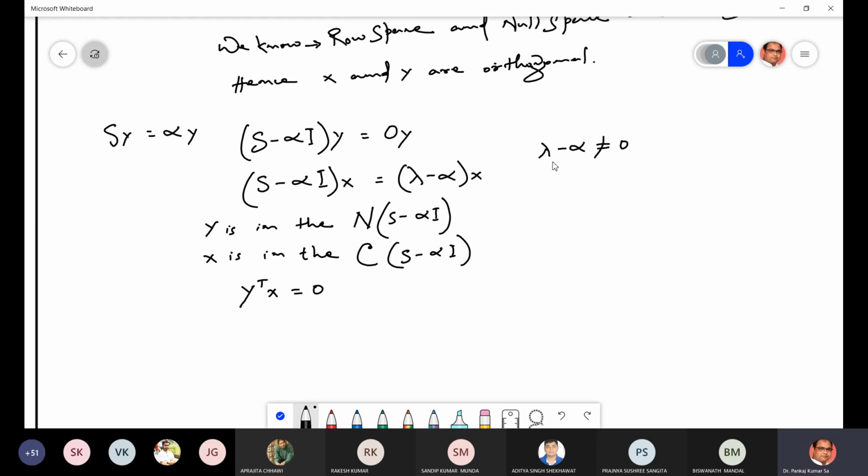And this is again in the case y and x are different. Okay, so that is how to prove this one.